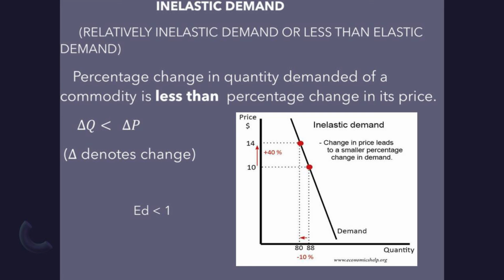This 40% is definitely greater than 10%, which denotes that delta Q is less than delta P. So this kind of demand is considered inelastic demand, or we can say a bigger change in price only leads to a smaller change in quantity. ED is always less than 1 here.